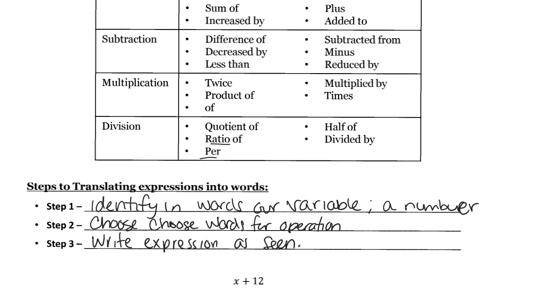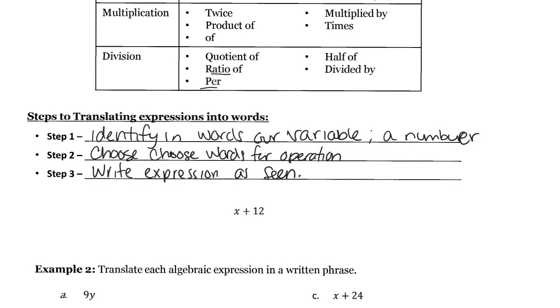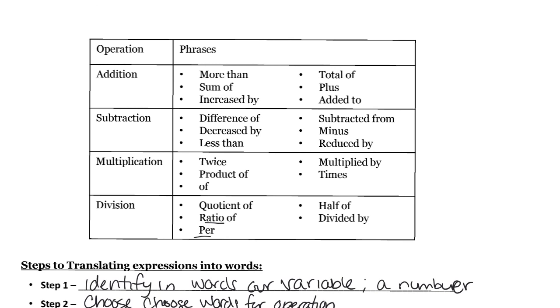Okay, so let's look at this first one. We have x, we have plus, and then we have 12. So remember, your x is really a number. So a number, and then plus means addition, right? So you can use any of these.